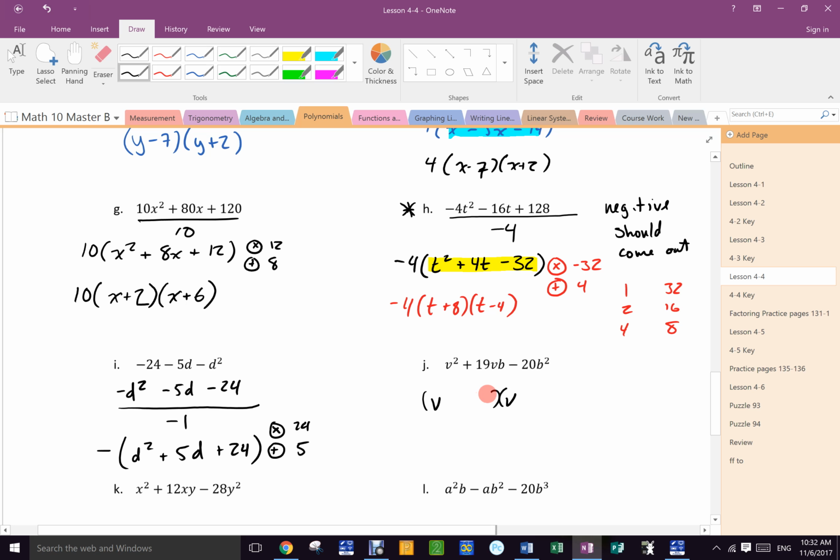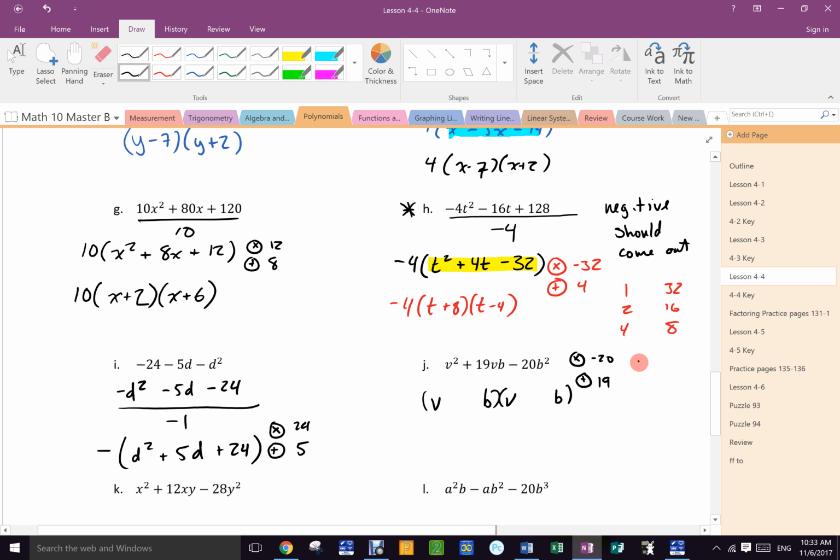Well, what must I need here to make b squared? B and B. Then do you think anything else changes? Of course not. I need numbers that multiply to what?